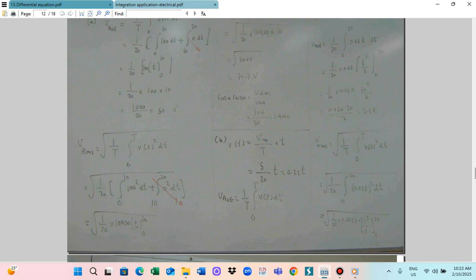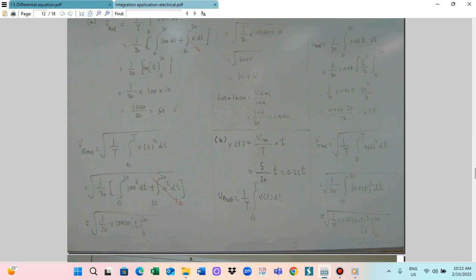And also for the RMS, you have to use the formula: the square root of 1 by T, integration 0 to T, v(t) square dt. So this is the RMS value.